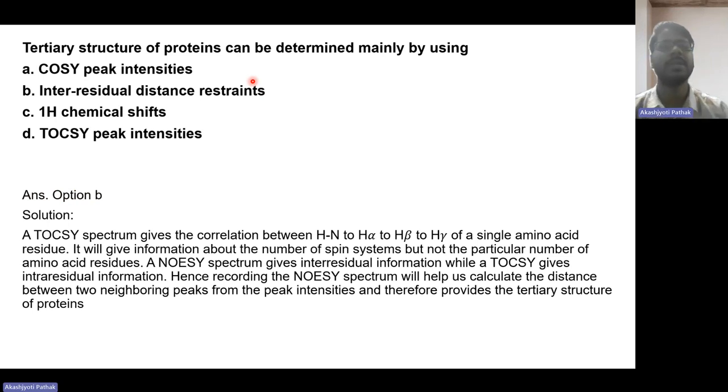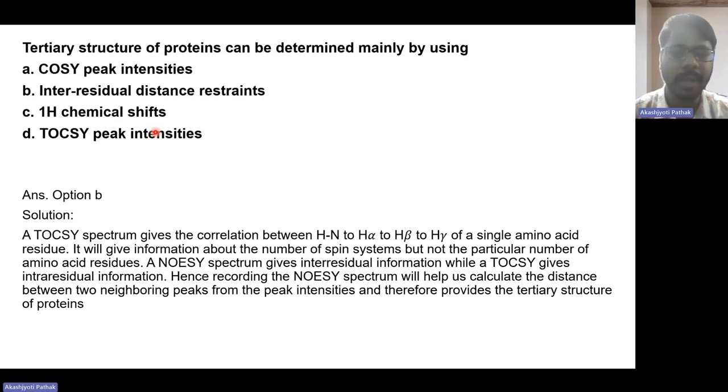The tertiary structure of proteins can be determined mainly by using COSY peak intensities, inter-residual distance restraints, proton chemical shift, and TOCSY peak intensities. COSY peak intensities will only give you the nuclei to which it is directly coupled, right? That is the only information it will give you. TOCSY will give you the information to all other protons that it is correlated with.